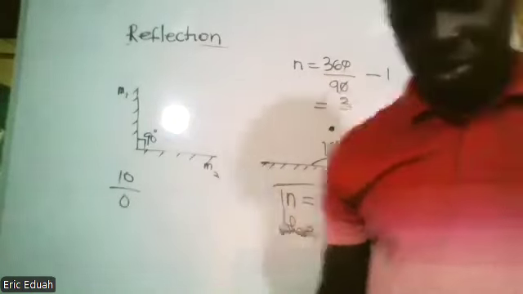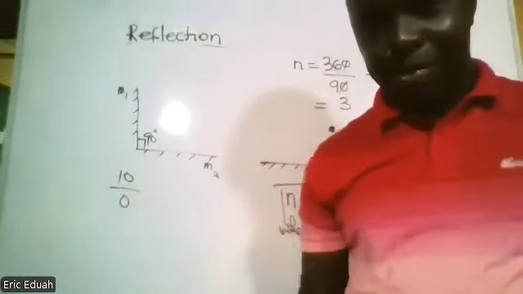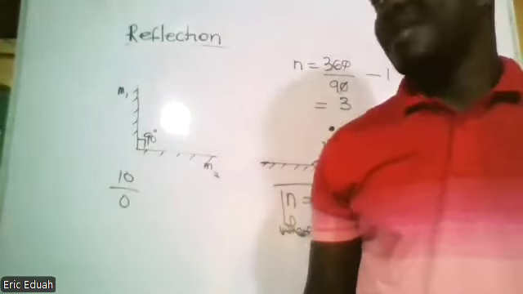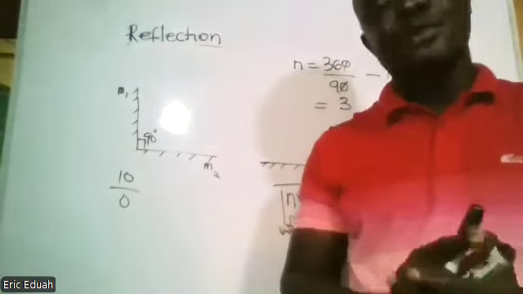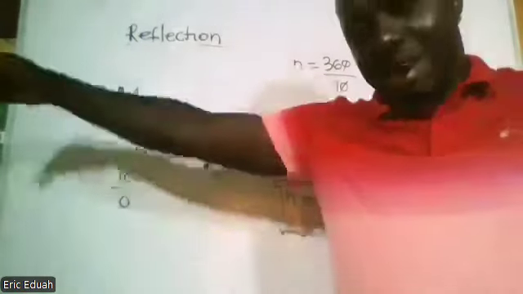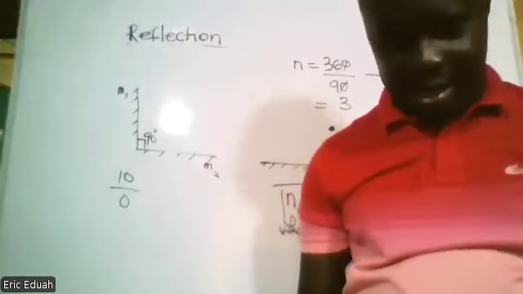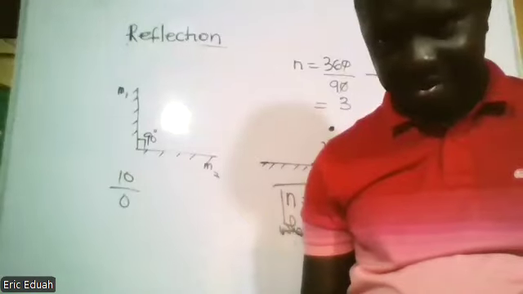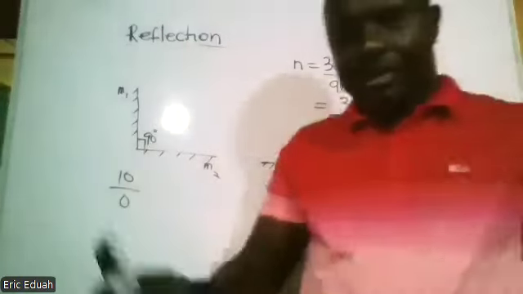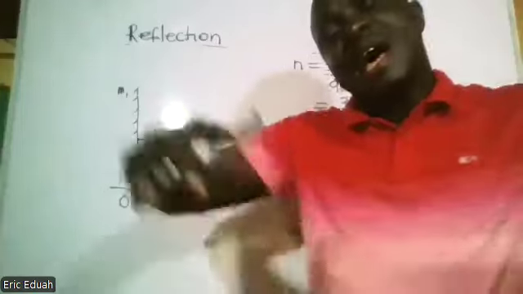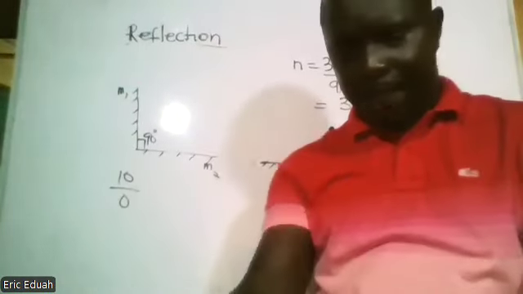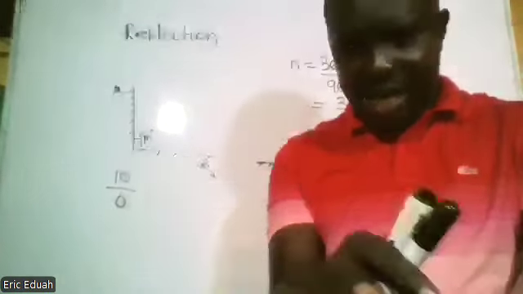It's not 0. 10 divided by 0 is an error. Any number divided by 0, apart from 0 itself, is a very large number which cannot be determined by the calculator, the reason for which you are seeing an error.